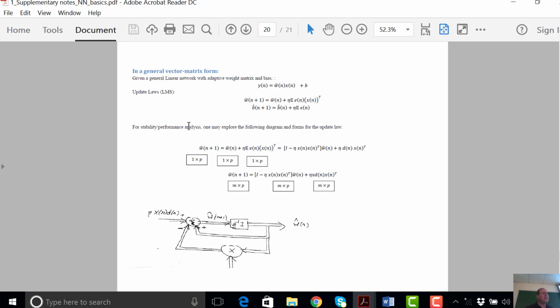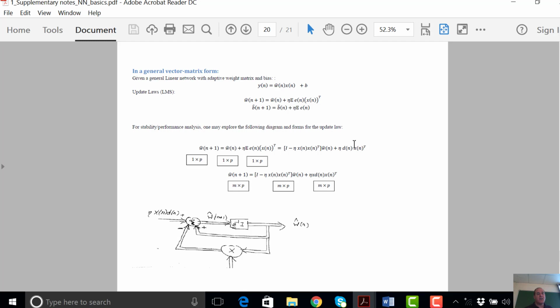Over the years, people have taken this model and analyzed it from many directions and by many means. Here are the same equations, rewritten in a different way, where I'm focusing on the weights. I expand this equation so that it equals the identity minus a covariance, the outer product of the incoming signal times the weight, plus the outer product of the desired value, which is now a vector.